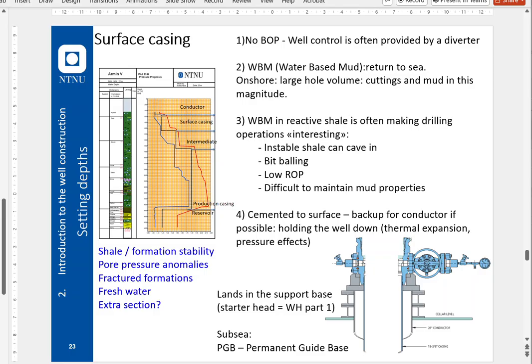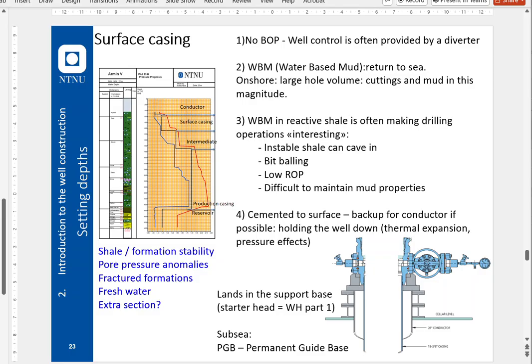The problem is typically, especially onshore, that most of the aquifers of drinking water, you're drilling through them at these depths, and you're restricted with regards to the type of chemicals that you can use to avoid contaminating shallow water aquifers.